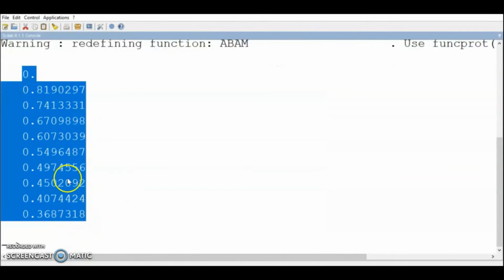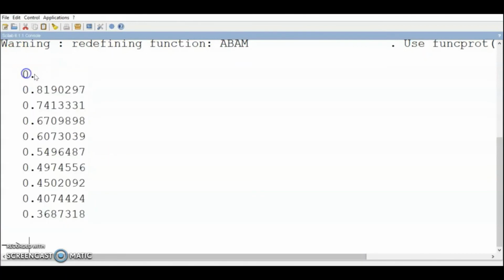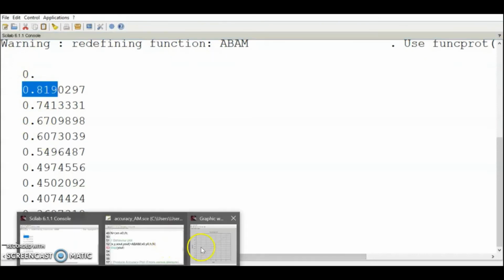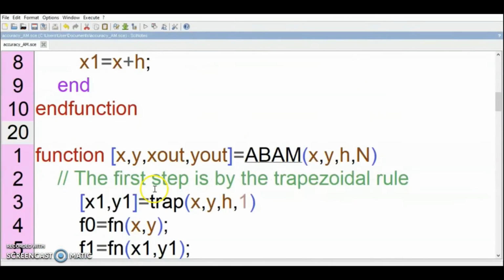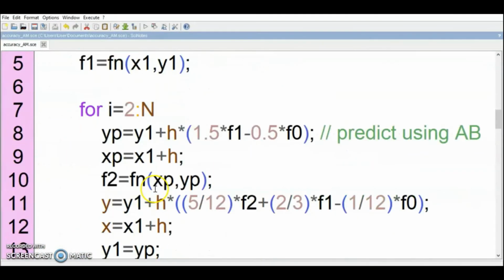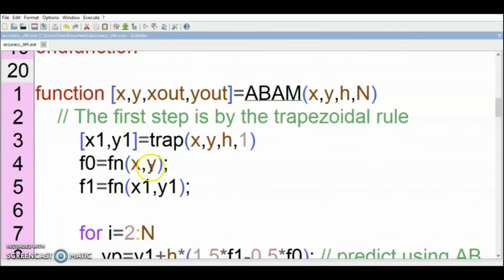This is 10: 1, 2, 3, 4, 5, 6, 7, 8, 9, 10. Yeah, 10 values. I guess this is the initial. By right, this should be my trapezoidal because my i starts from 2, right? So my y1 should be trapezoidal. So I can do that by defining here what my yout is. So I can say yout 1 is my, what is it, y1.